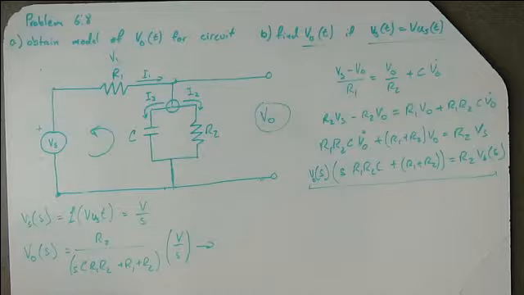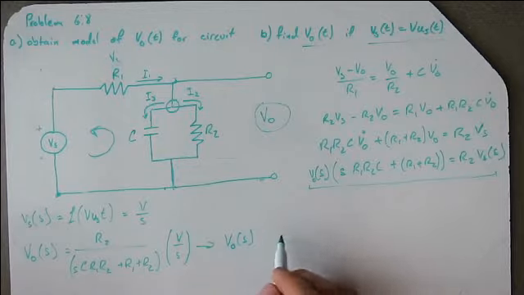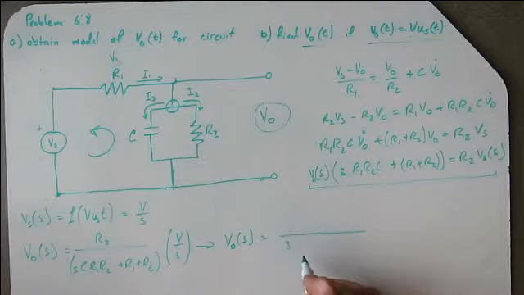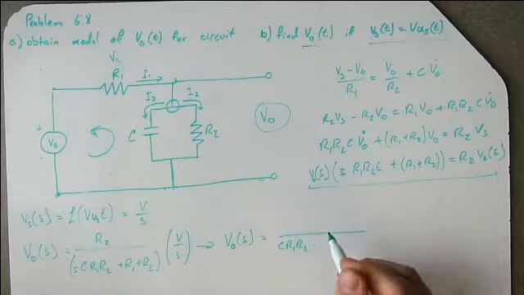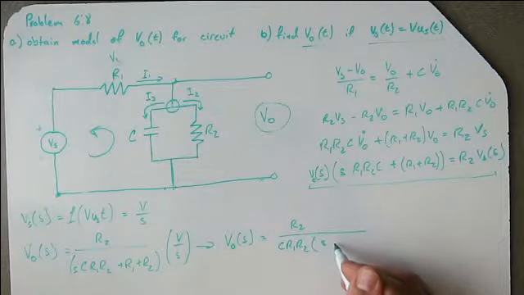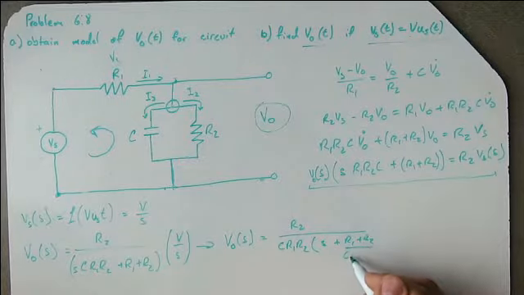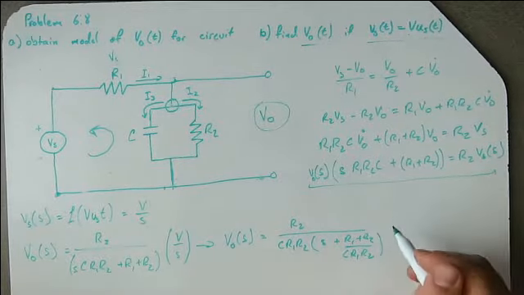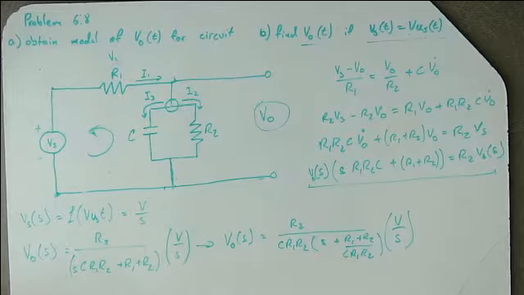So we're dividing that by CR1 R2 and then multiplying that by V over S still. All right.